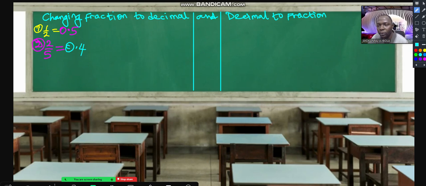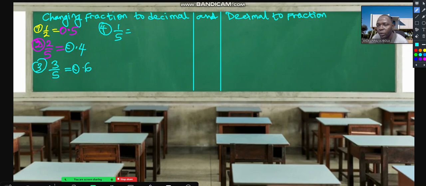Let's assume you have 3 over 5. Again, how many 5 goes in 3? That's 0. How many 5 goes in 30? That's 6. So that's the answer to that one. Then number 4, let's say you have 1 over 5. How many 5 goes in 1? That's 0. And how many 5 goes in 10? That's 2.